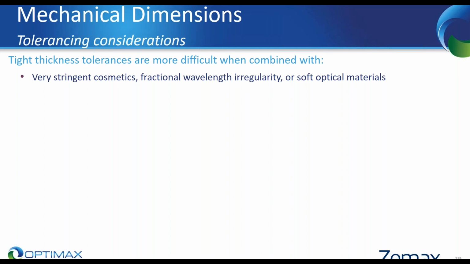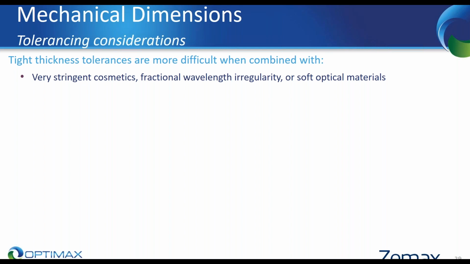Some considerations for mechanical dimensions: again, very similarly, when you're looking at the first pass of an optical design, you might not necessarily care about the tolerance on your diameter or your thickness, but this is very important when you're trying to take it from an on-paper design to a prototype.